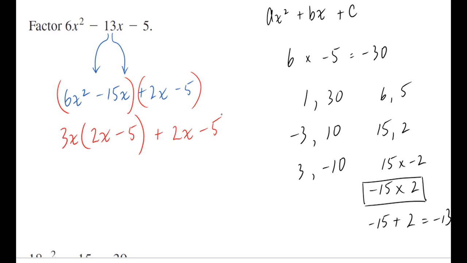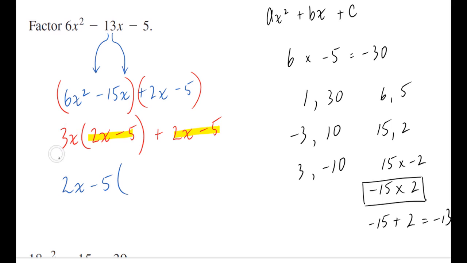So once you have found the common factors by grouping, you will now once again look at the expression as a whole and see what else could be factored out. Well, if you look carefully, the 2x minus 5 and the 2x minus 5 can be factored out. So if I factor out 2x minus 5, what am I left with?